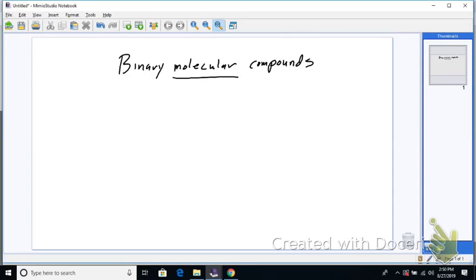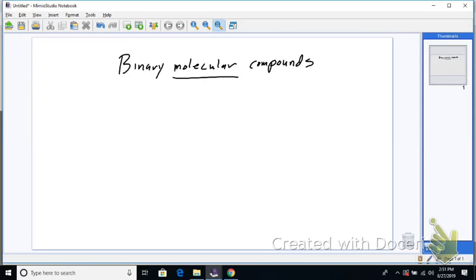Now, we have two nonmetals hooked together. The weird thing about nonmetals is they can hook together a bunch of different ways. They're not like ionic compounds where if you've got one that's a +2 and one that's a -1, you have to have two -1s for every +2, and then you can get your formula. Ionic compounds only go together a couple of different ways, especially with multiple charges like iron or nickel.